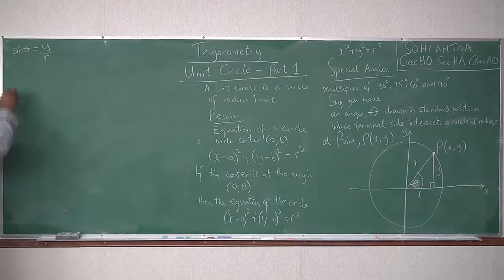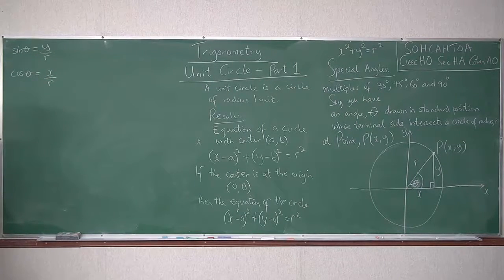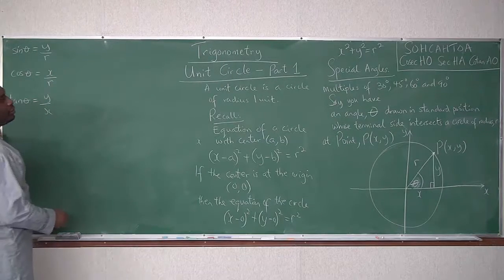Then cos theta will be adjacent over hypotenuse, which is x over r. Tan theta will be opposite over adjacent, which is y over x. Now let's go to cosec.